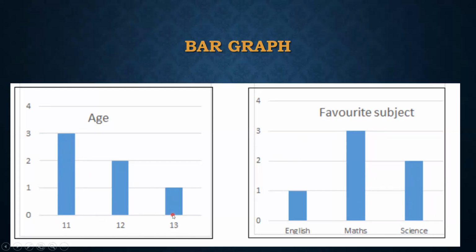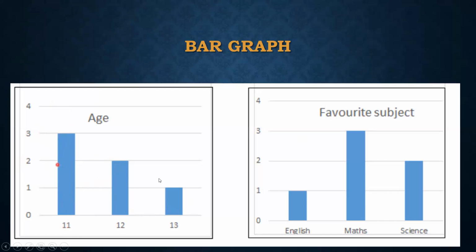There are some properties that you need to consider before you draw your bar graph. The width must be the same size, but the height must always correspond to the number of people. The number of people here is 3, here is 2. So it must correspond to that. If 11 is allocated to 3, let 11 be 3.